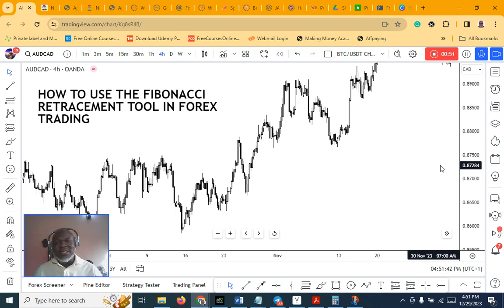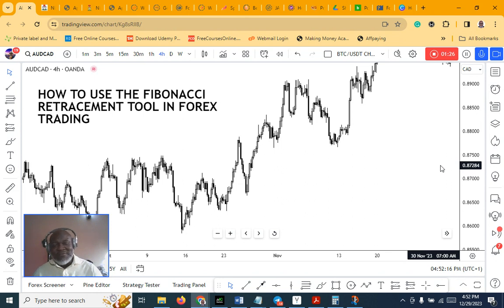What I mean is that we use the Fibonacci retracement to gauge how deep a retracement will go if that retracement starts. The reason why we need to know how to use the Fibonacci retracement tool is that, for every trader, the retracement levels, at the beginning of the impulsive move, is where you look forward to taking a trade or entering a trade.